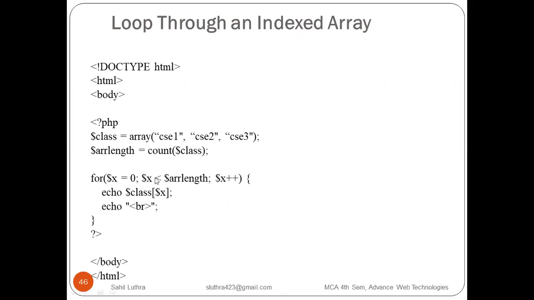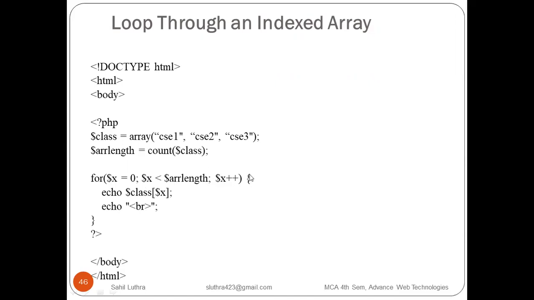Here the condition is checking $x less than $arrlength. And at last the increment or decrement will be done. It is up to you whether you want to increment the value one by one, or decrement the value.